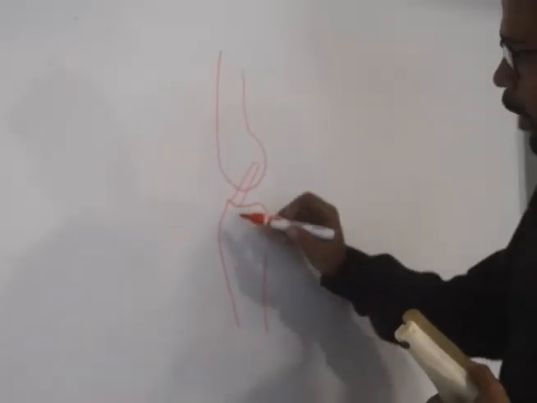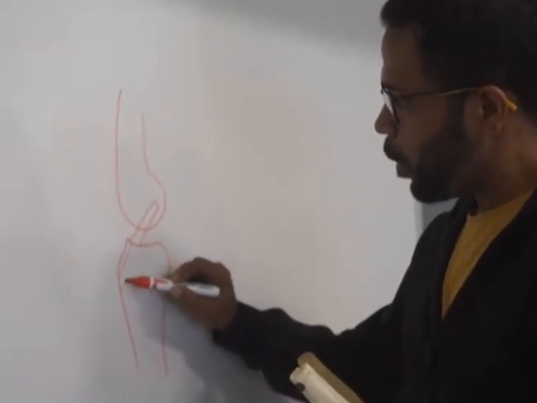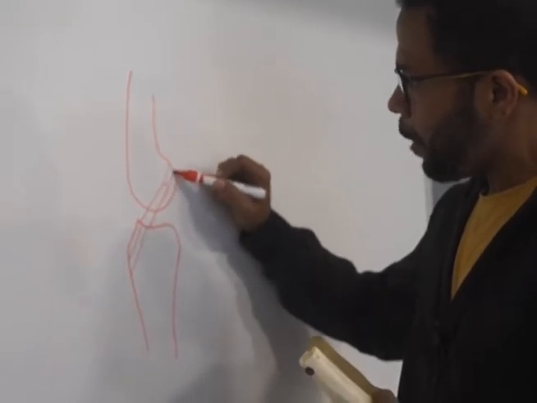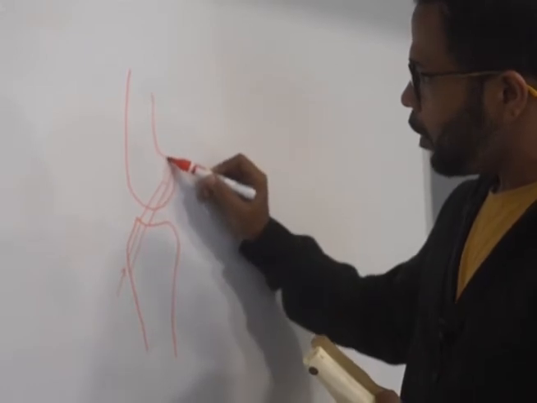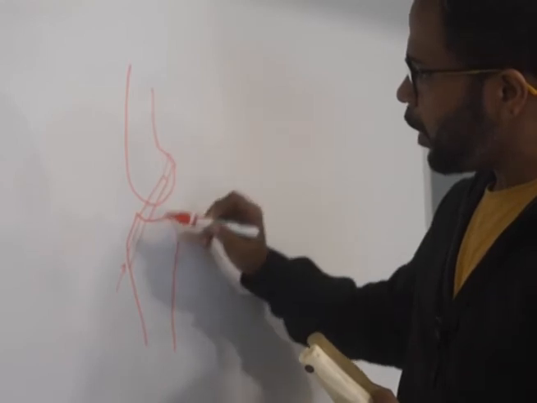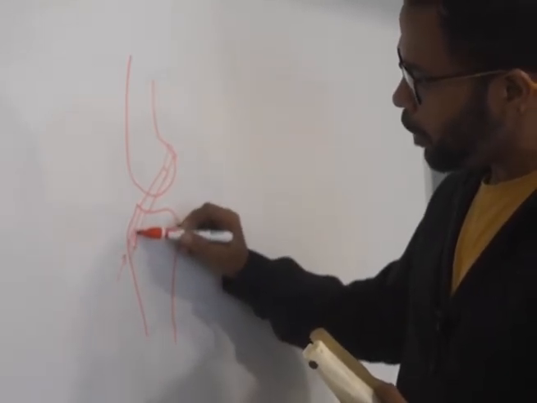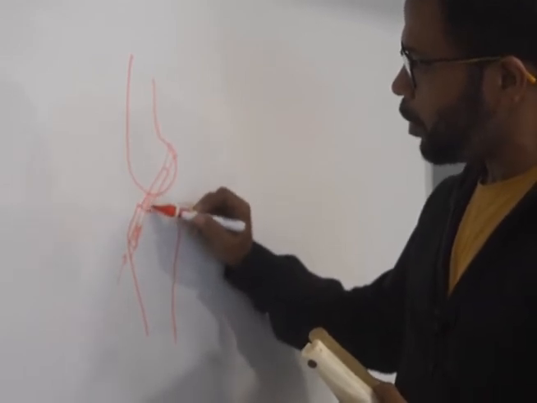What we do is drill a tunnel in the leg bone down here and the thigh bone up here, and pass the graft in this direction. The graft is fixed on the femur with the help of a small metal clip, and on the tibia with the help of a screw here. So that forms the new ACL ligament here.